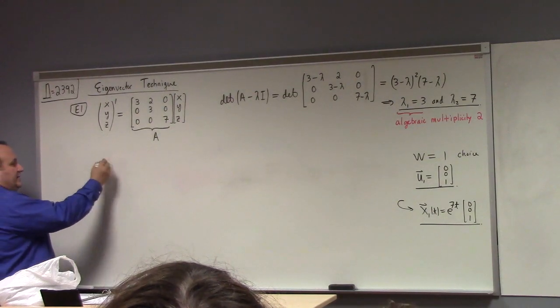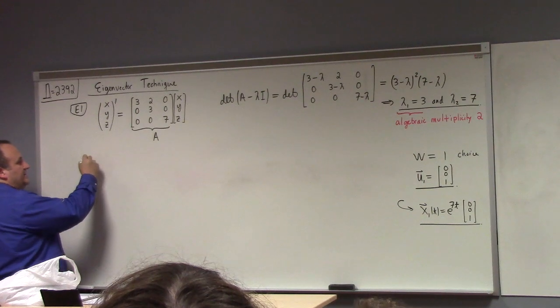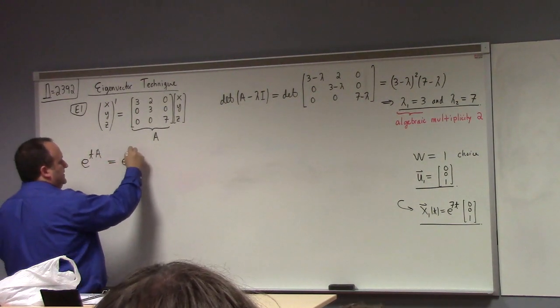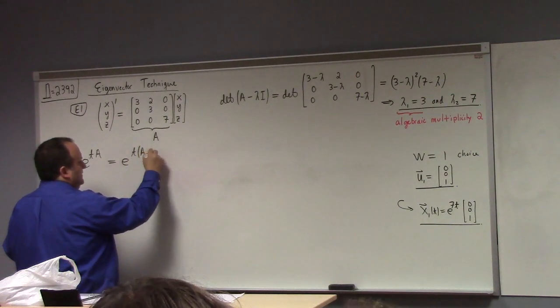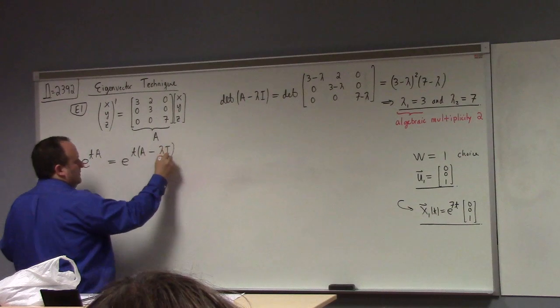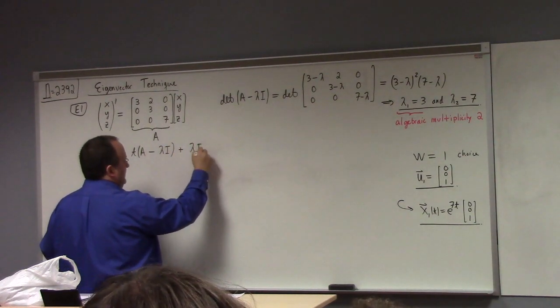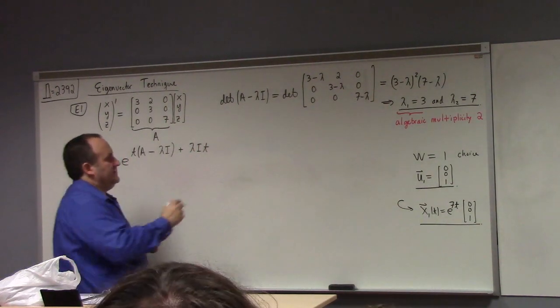So here's an identity we can write down for the matrix exponential. e to the tA is equal to e to the t times (A minus lambda I) plus lambda I times t. Now, the situation, guys, is this.